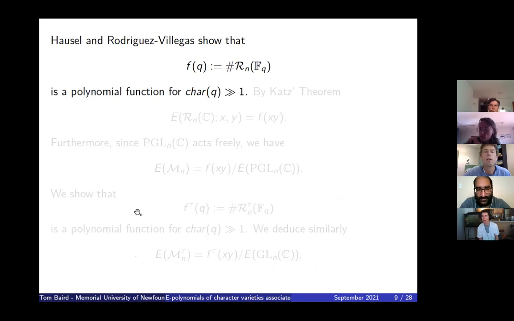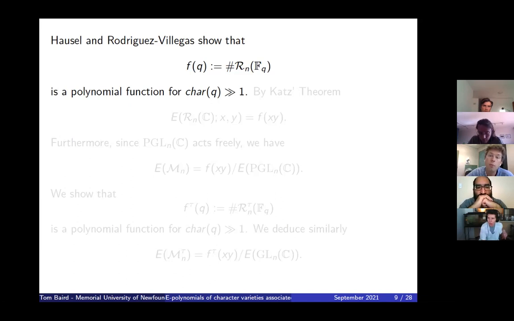All right. Okay, so Hausel and Rodriguez Villegas, Tomás Hausel and Fernando Rodriguez Villegas, wrote a really interesting paper in 2005, 2008, something like that, where they counted the points for the original representation variety over finite fields, and they found that it is in fact a polynomial function.